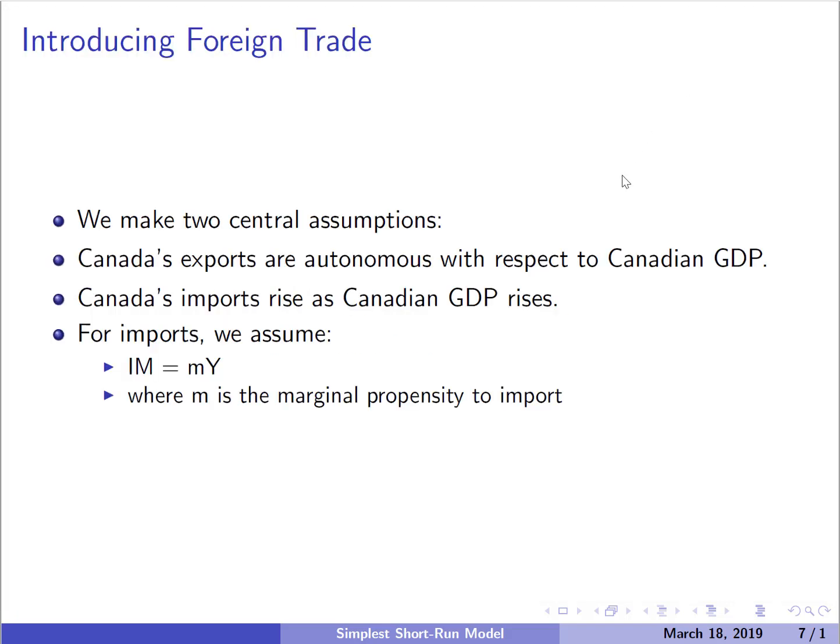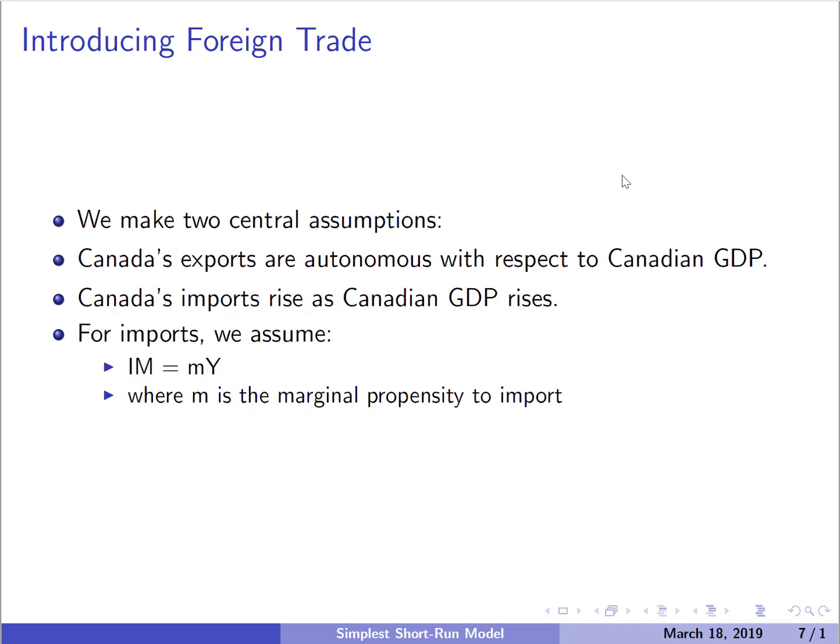In particular, this is the functional form assumption we're making about imports. Here, imports, or IM, are going to be equal to m times Y. And this little m is the marginal propensity to import. What that means is, if our national income goes up by $1, this is how much of that dollar we're going to spend on imports.